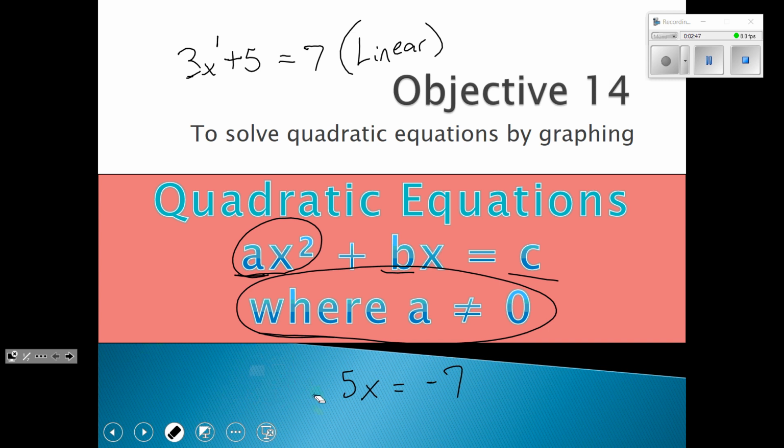And if all you had left was 5x equals -7, would it still be quadratic? No, it would then be linear. So you have to have the x squared, and the number in front of it can be anything except 0, because if it's 0, then it takes away the x squared, and then it's not quadratic anymore.